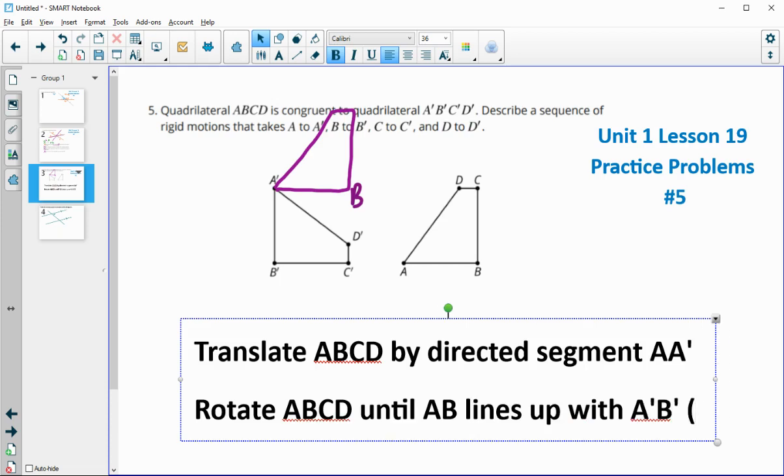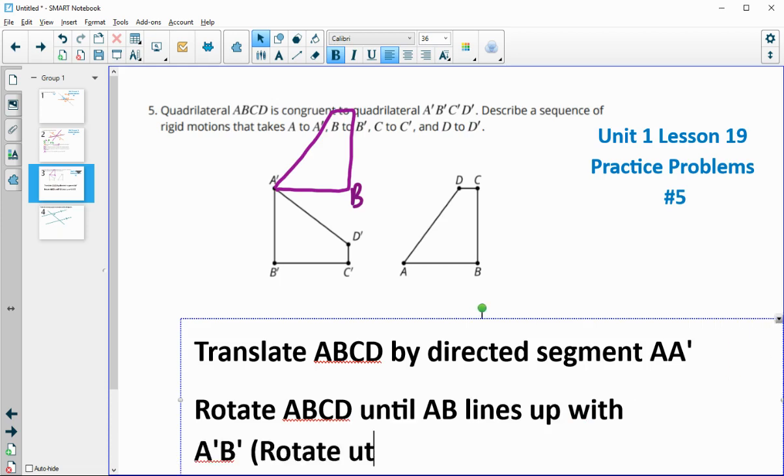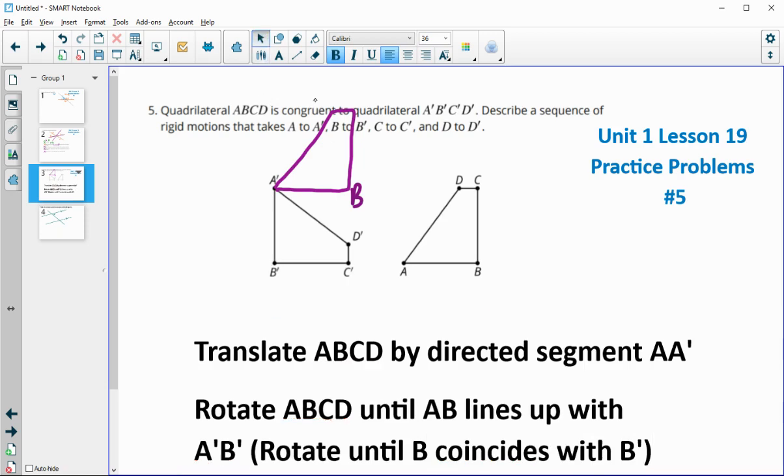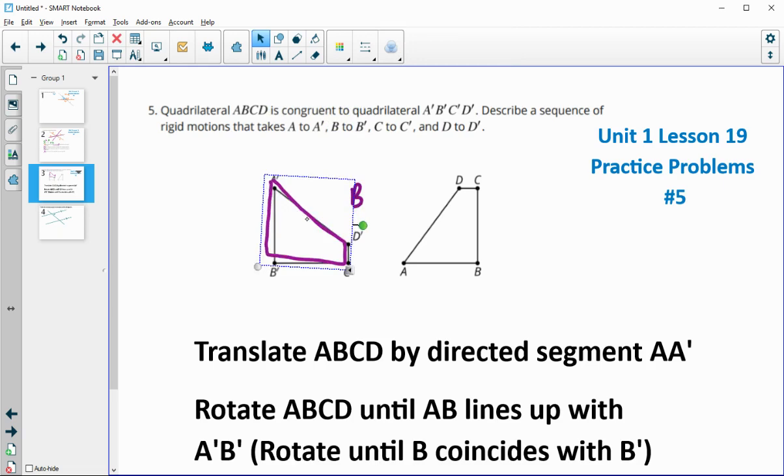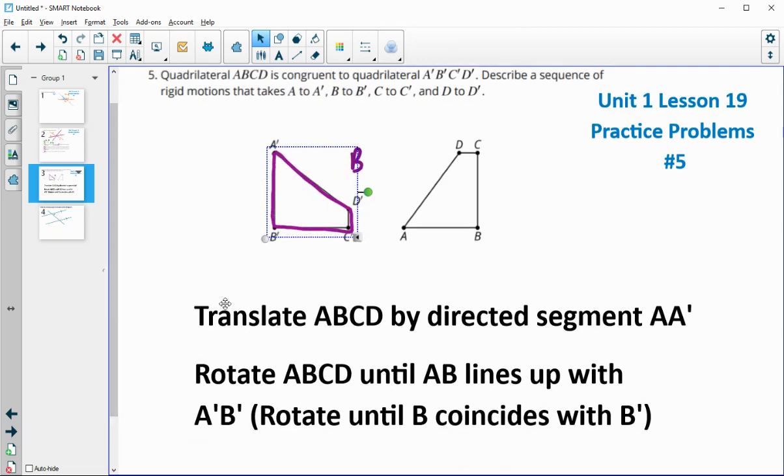That's one way to say it. You could also say rotate until B coincides with B prime. That's another way you can say that one. And then if we rotate and keep A the same, you'll see that it lands directly on the other one.